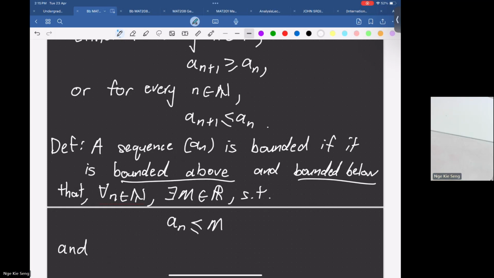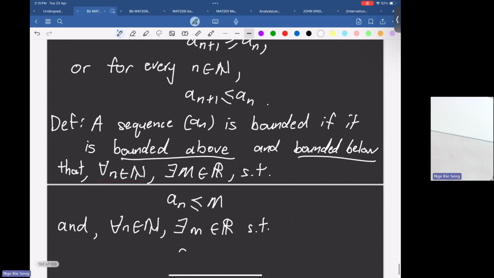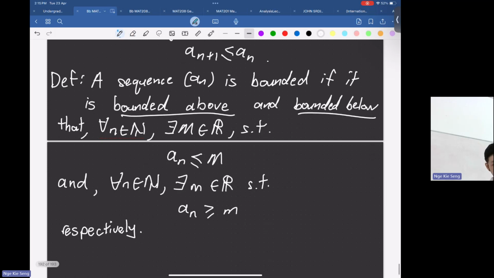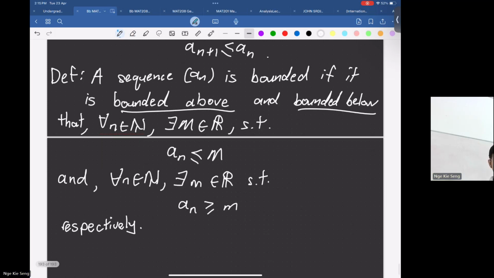For every n in N, there exists, let's say, a small m in R such that an is greater than or equal to m. So here it is respectively. One is for bounded above, the other one is for bounded below. All right, I think this is enough.